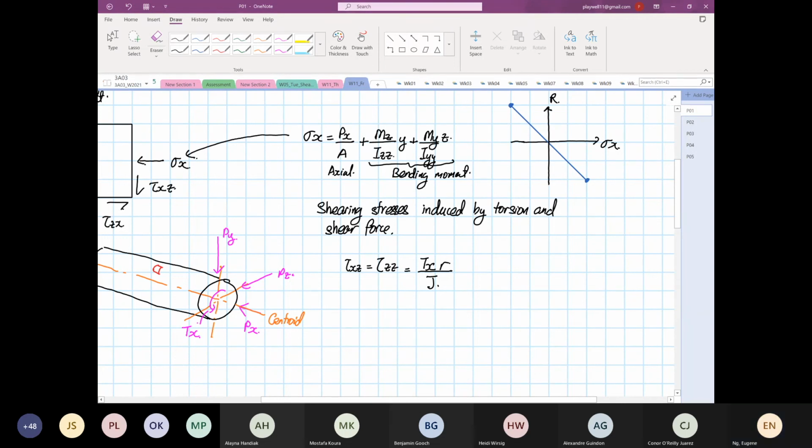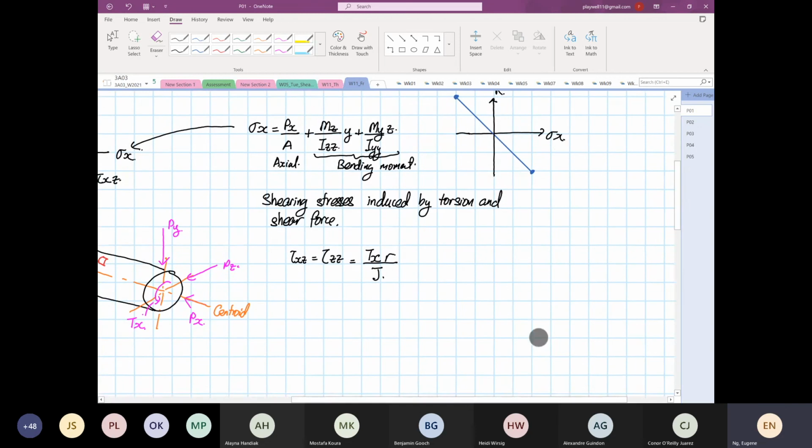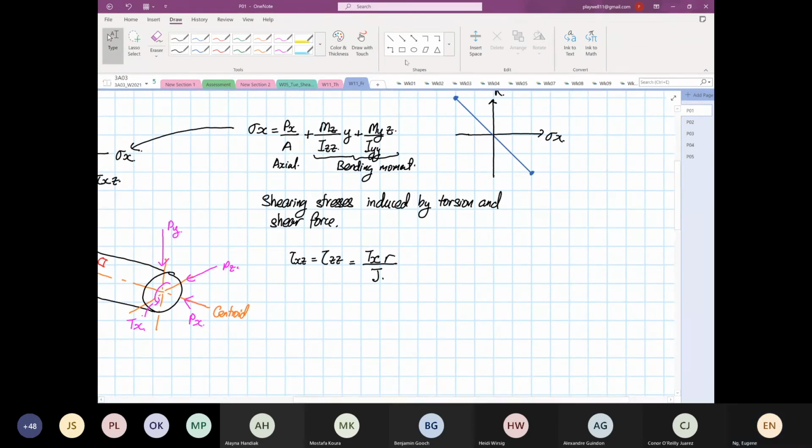The distribution of the shear stress looks like this. This is our shear, and this is our radius.